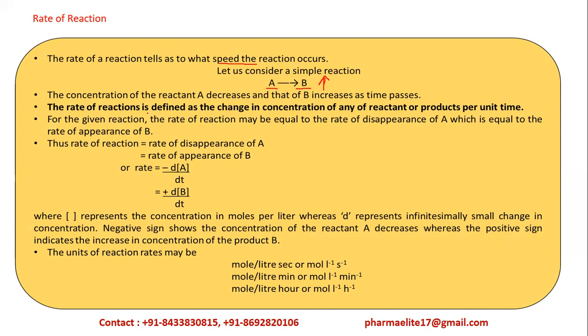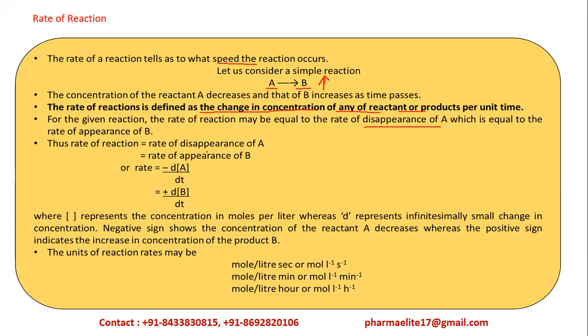Thus, the rate of reaction is defined as the change in concentration of any reactant or product per unit time. That is, either you describe the rate with respect to the reactant or with respect to the product. For a given reaction, the rate of reaction can be equal to the rate of disappearance of A, which is equal to the rate of appearance of B. That is minus d[A]/dt. Why is this minus?